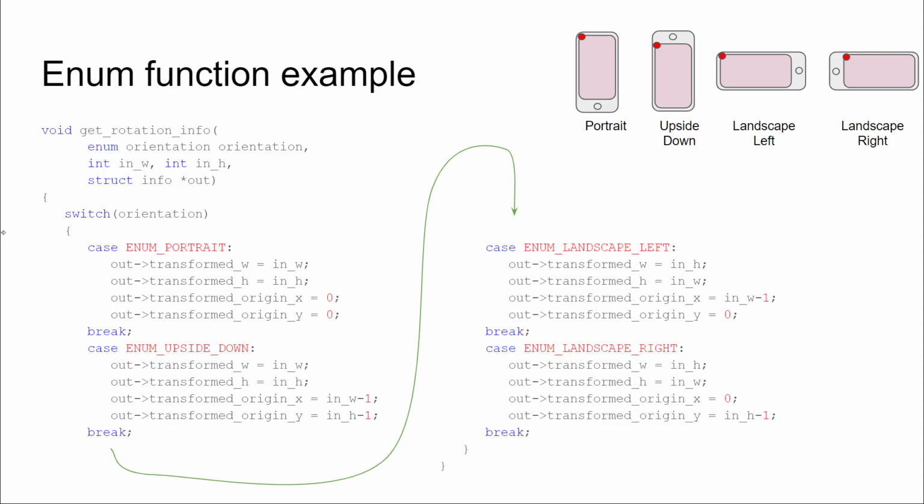So here's the function in question, and you can see that it's accepting an orientation, a width and a height, and it returns a bunch of stuff in a structure. You may probably stumble across this and ask why this is not a return parameter.